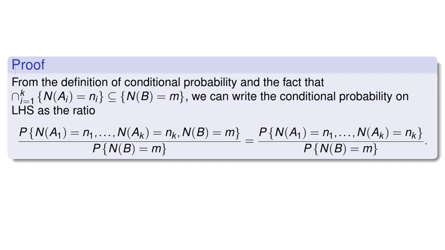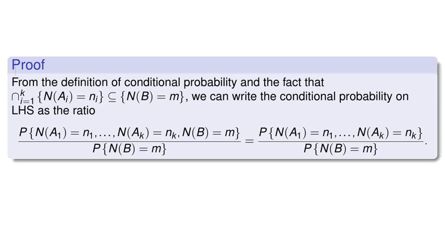Let's walk through the proof. We start from the definition of conditional probability and recognize that the event N of A1 equals n1 and so on till N of Ak equals nk is a subset of the event N of B equals m. Since the Ai's partition B and the ni's sum to m, we can write the conditional probability on the left-hand side as a ratio.